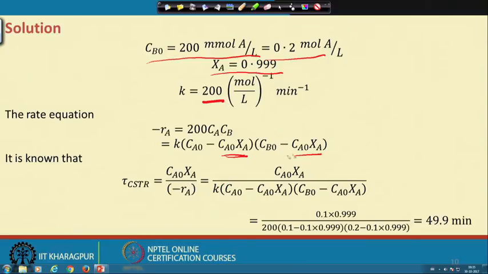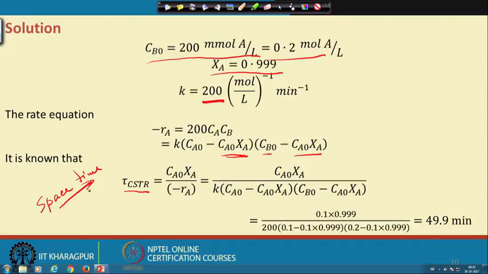This is to be deducted from CB, because this is an equimolecular reaction, and then we can find out the tau CSTR. Tau CSTR is the space time of the CSTR. I told you about space time. Space time means the time for which you are allowing a particular volume of liquid to reside in the reactor.